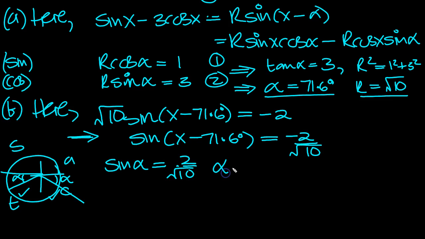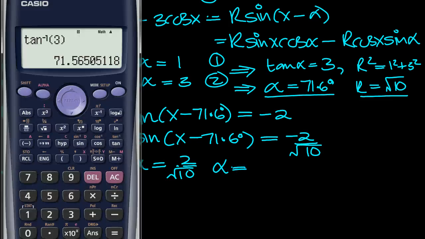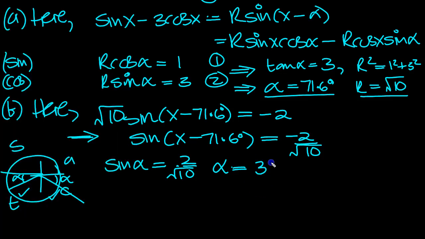So we need shift sin 2 over root 10: inverse sin of 2 divided by the square root of 10 equals 39.2 degrees. Let's keep it accurate to a certain extent. So it's 39.2.